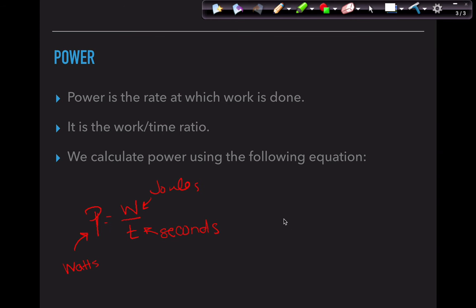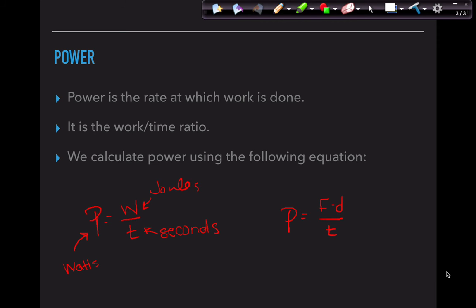Okay, so we have that basic equation, but we can also have a second equation that, instead of giving you the work value already calculated, you may have to calculate it yourself. So it's force times distance over time. So the last equation goes on the top of the fraction bar with time on the bottom. So again, this is how you would calculate power.